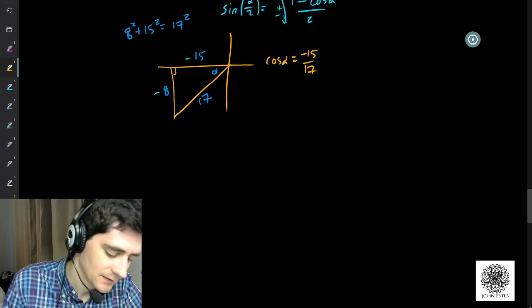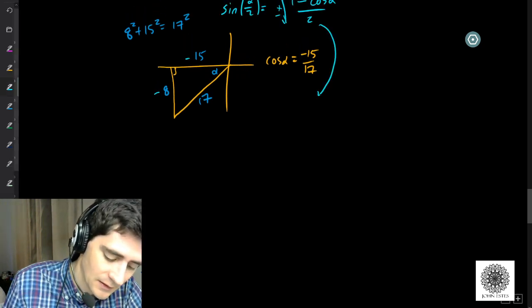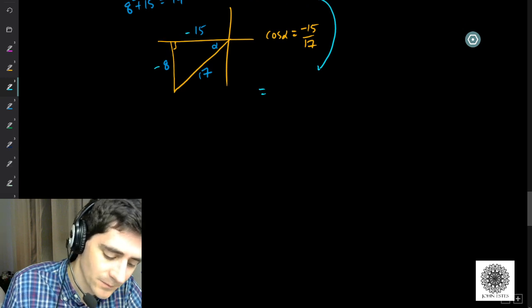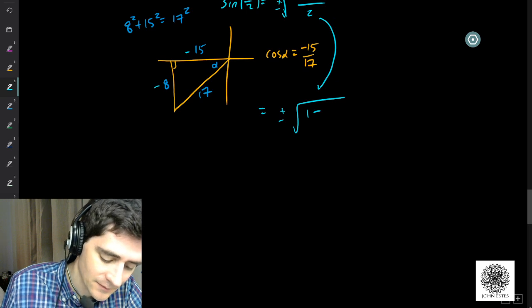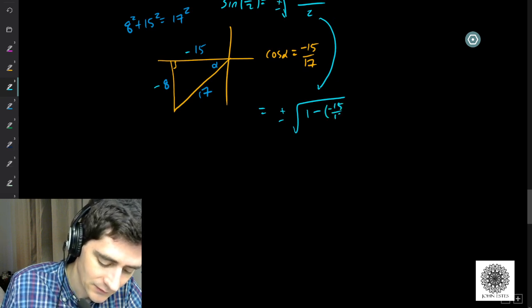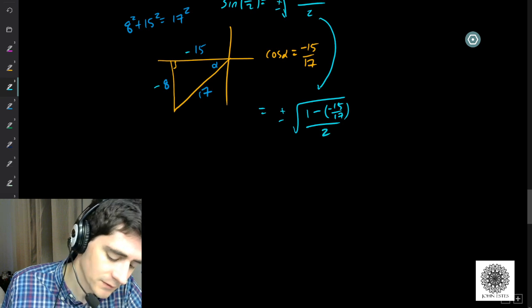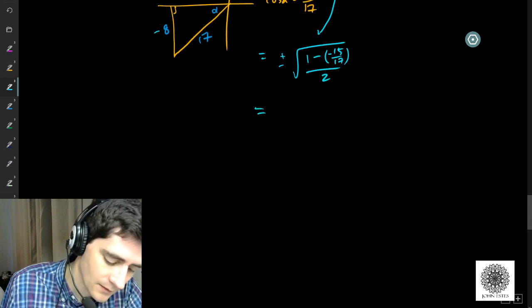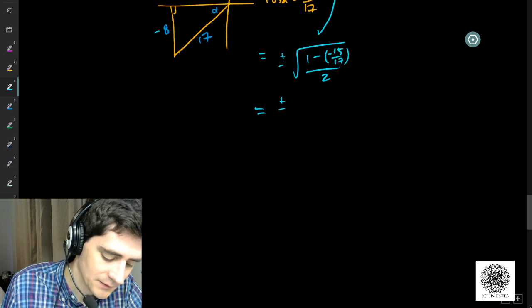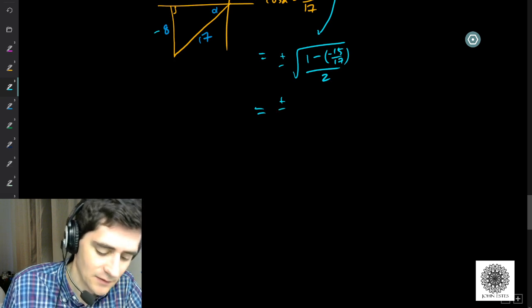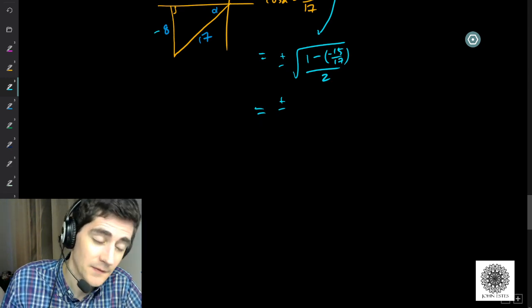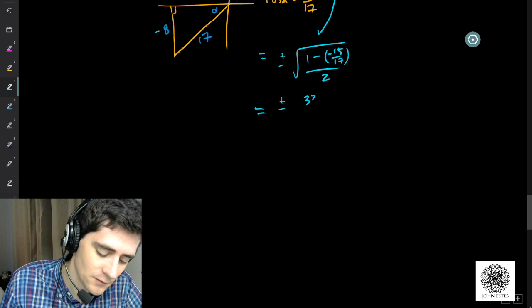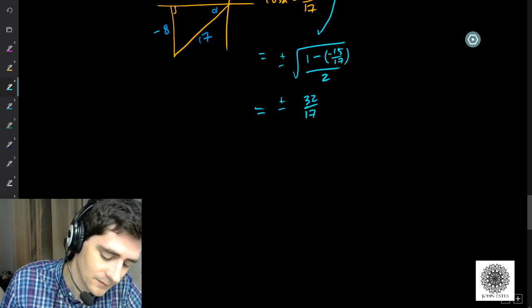So now when I get back to my calculations, I can say that sine of alpha over 2 is going to be plus or minus the square root of 1 minus a negative 15/17 all over 2. Okay, and let's see, 17/17 plus 15/17 gives me 32/17 divided by 2, which is the same as multiplying by 1/2.